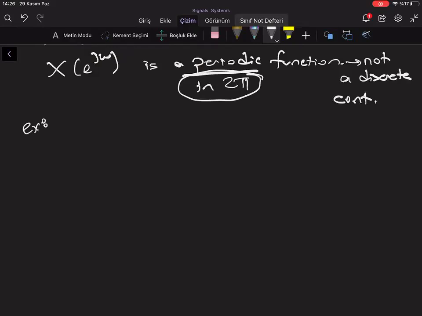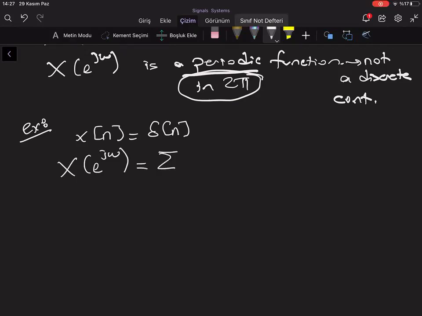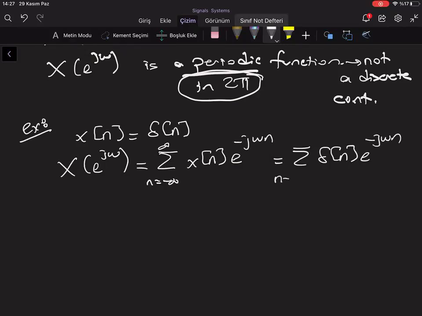Let me talk about one question. I will solve 3 questions at this point and then finish the video. Let's say my x of n is equal to Dirac delta n, and I'm trying to find out the coefficients for this function. And then I'm going to write the sum of x of n e^(-jωn), going from minus infinity to plus infinity, and then I'm going to write delta n e^(-jωn) from minus infinity to plus infinity.